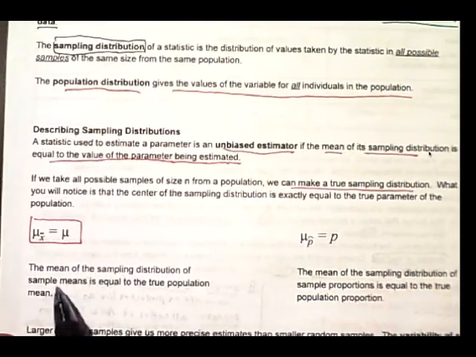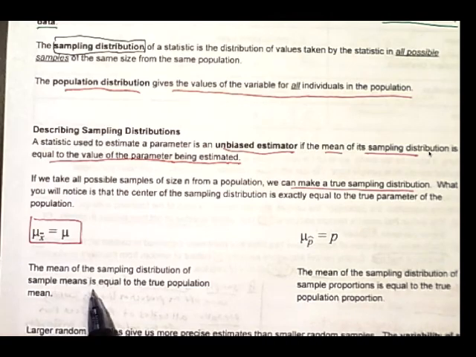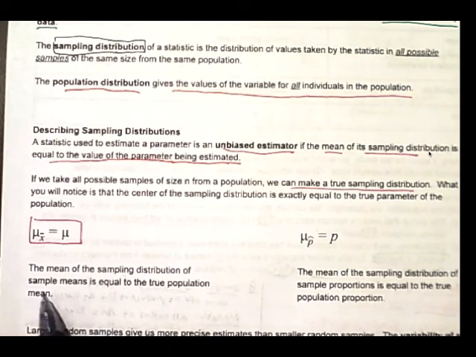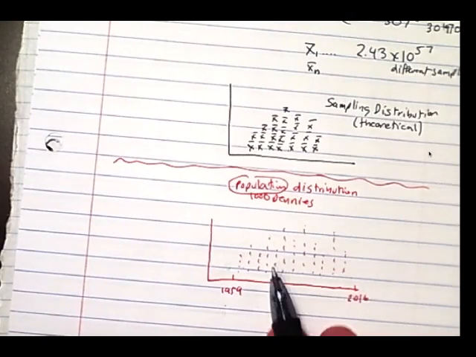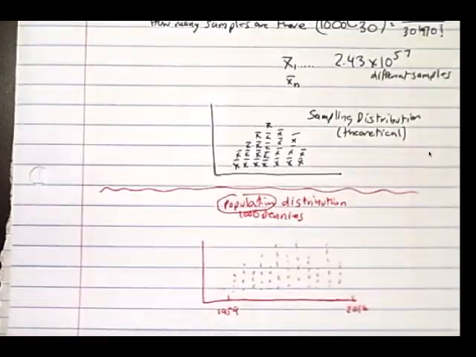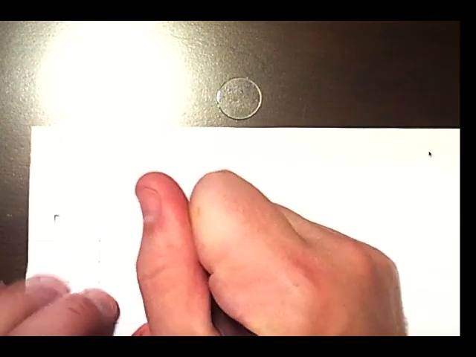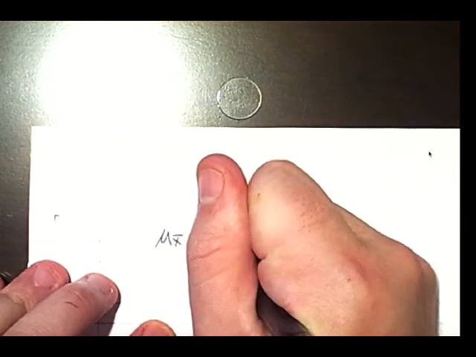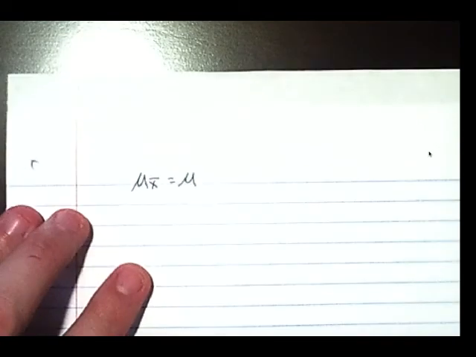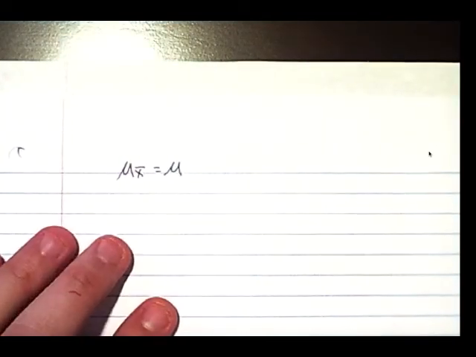This says the mean of the sampling distribution of sample means is equal to the true population mean. So here's an illustration of why this is true. Why is mu of x bar equal to mu?